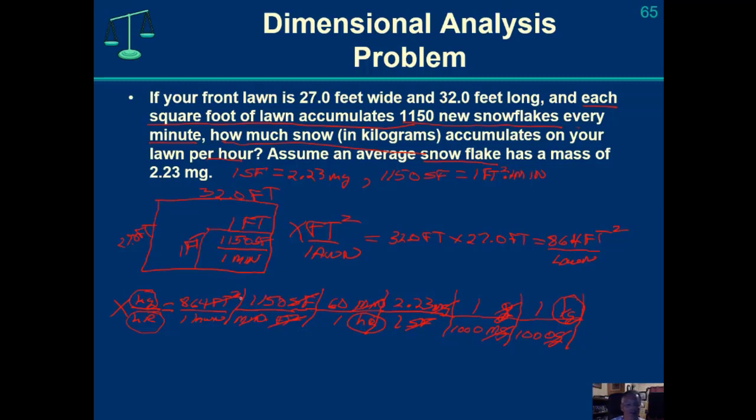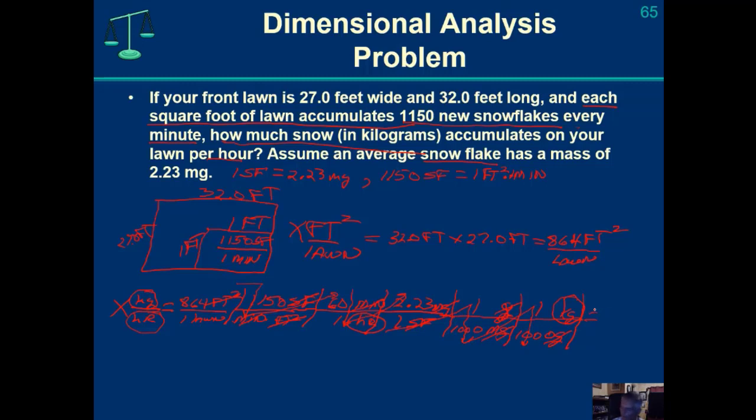So when I multiply and divide in my calculator, here's what I'm going to do. 864 times 1150 divided by 1, because this is 1 minute times 1 foot squared, times 60 divided by 1 hour, times 2.23 divided by 1 snowflake, times 1 divided by 1,000 milligrams, times 1 kilogram divided by 1,000 grams.